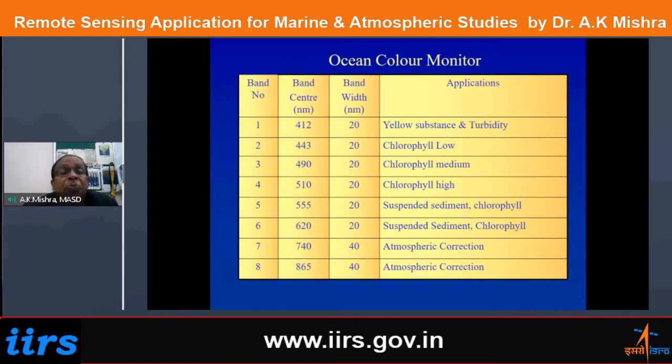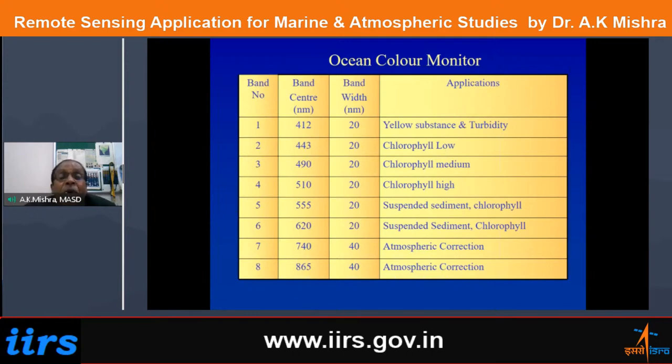Here there are 8 bands, and the central wavelengths are 412, 443, 490. The first band is used for determination of yellow substance and turbidity, and the middle 3 bands are used for retrieval of chlorophyll concentration.